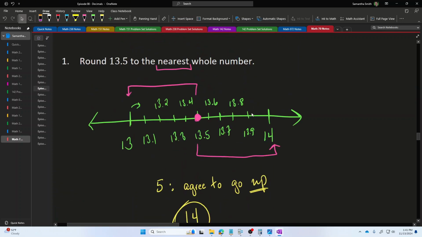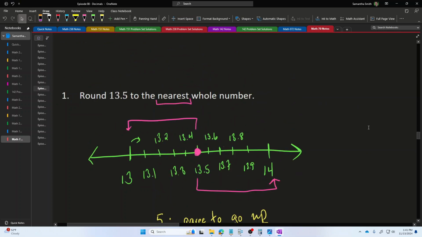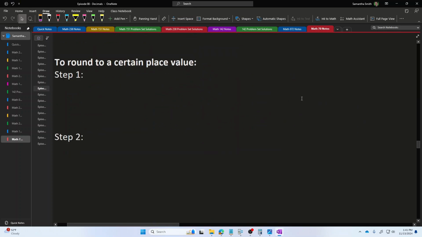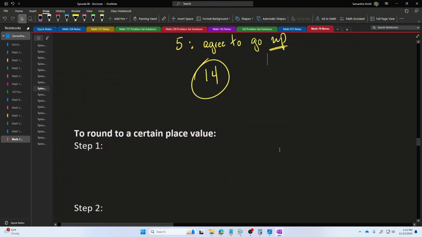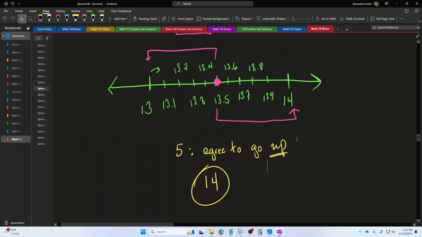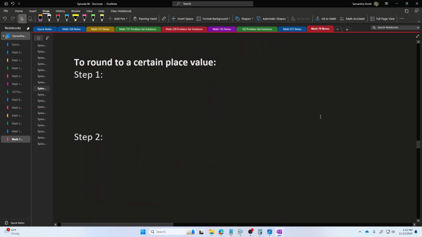Now, in this situation, we have rounded to the nearest whole number. However, it's also possible to round to any place value. And when someone asks you to round to a certain place value, we can use a process similar to what we have explored in the previous 3 examples.